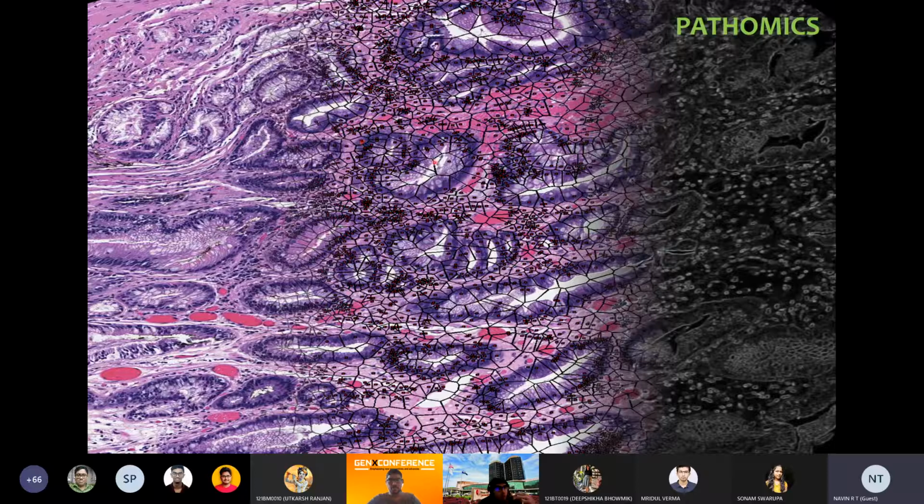So that gives you one level of quantitative information. You can also use other kinds of image analysis techniques to extract different patterns such as textural patterns or different kinds of intensity based patterns and see how these patterns are different in different regions of these images. Now this can tell us a lot more about these images as compared to just a visual diagnosis.